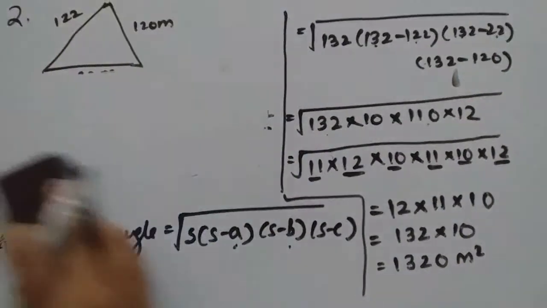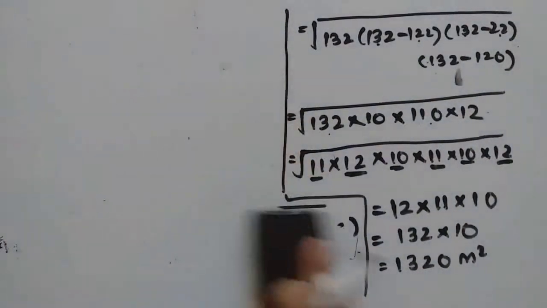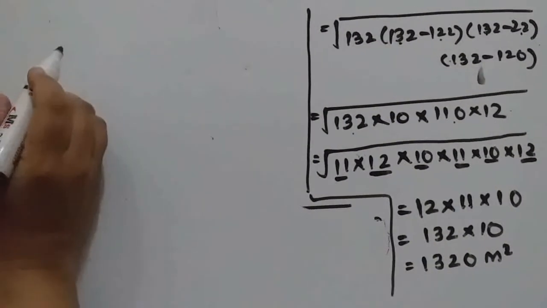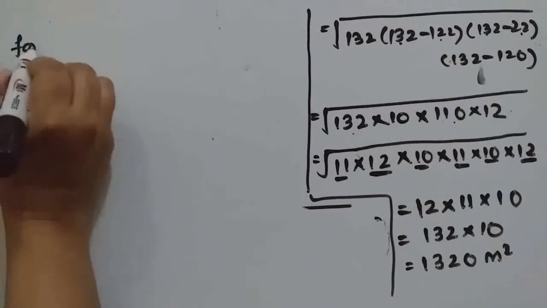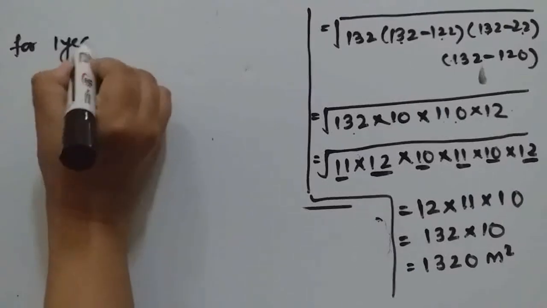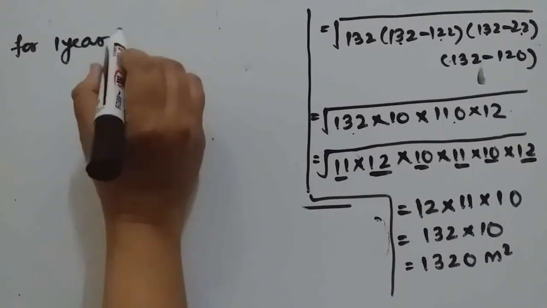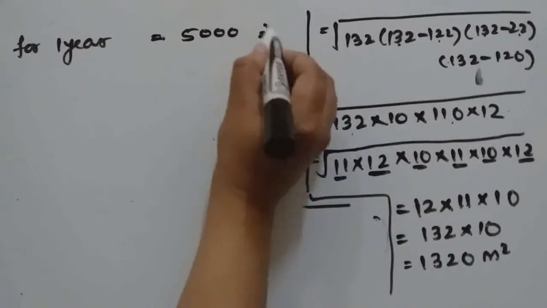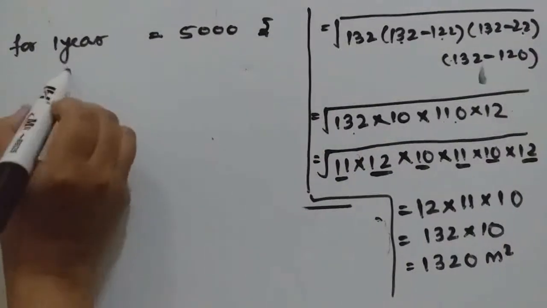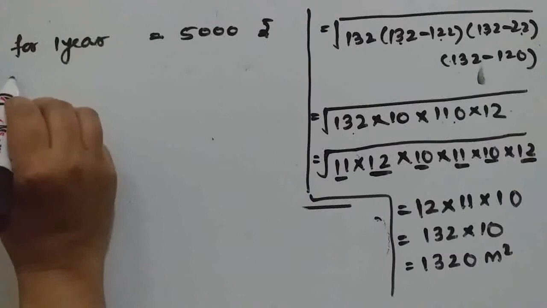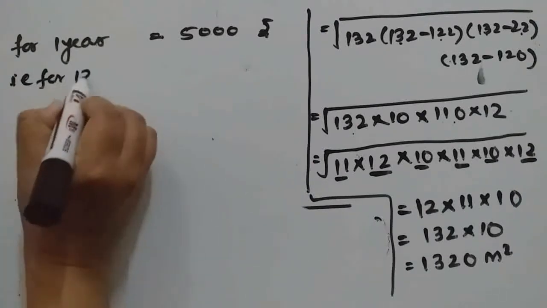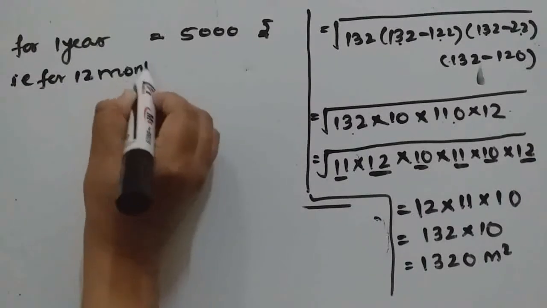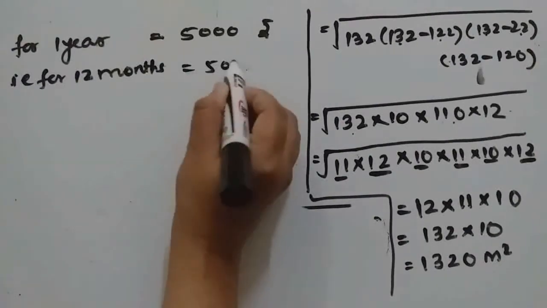For 1 year the total earning is 5,000 rupees, isn't it? But 1 year means 12 months, so that is for 12 months 5,000.